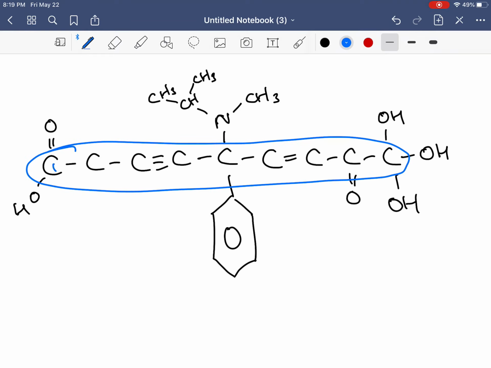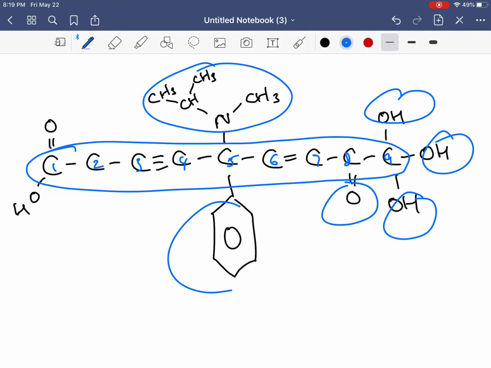This is indeed your longest carbon-carbon chain. It's a 9-carbon long carboxyl group. Okay, of course, everything here are side groups. And let's name these side groups alphabetically.